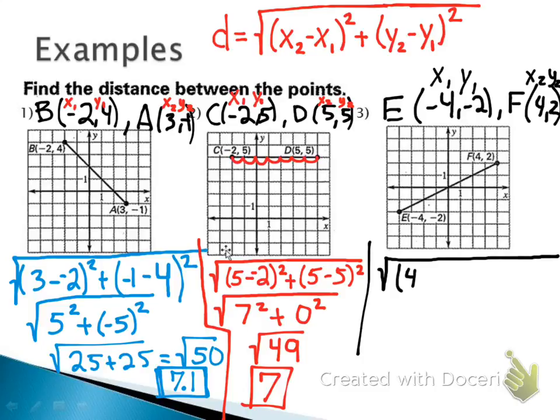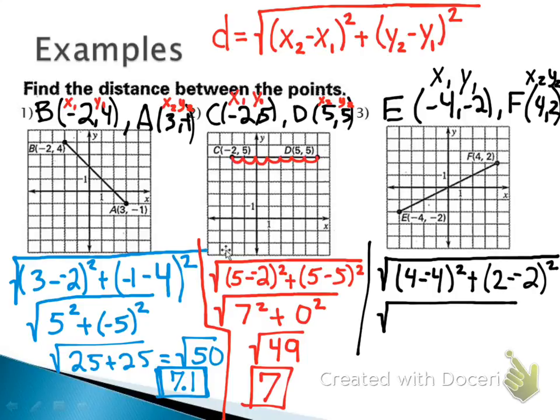So I have 4 minus, it's my x1. Negative 4. X is in the front. This is a y. So back here we'd have the 2 minus the negative 2. All right, so you want to subtract your x's, square them, subtract your y's, square them.